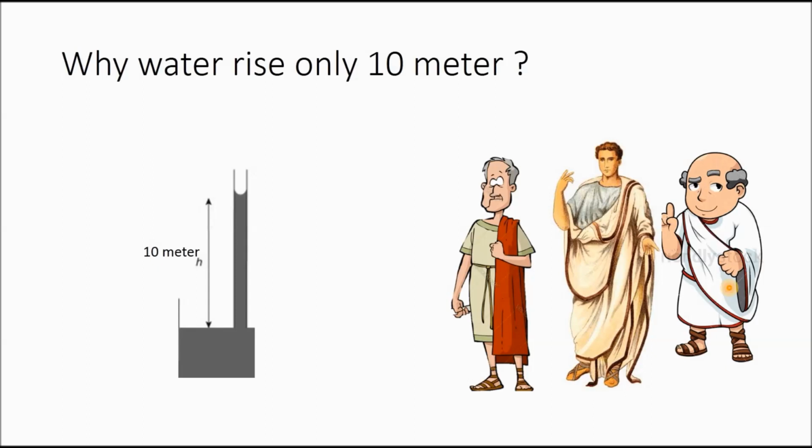Up to less than 10 meters, they are able to see the fountain. But if the height of the pipe goes a little more than 10 or 11 meters, the water is not coming out of the pipe. Only if they go less than 10 meters can they easily see the flow coming from the pipe. Then all were shocked.